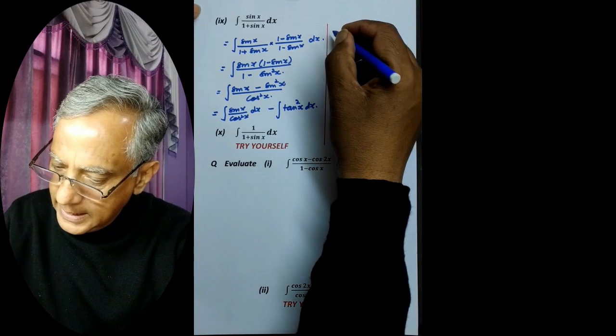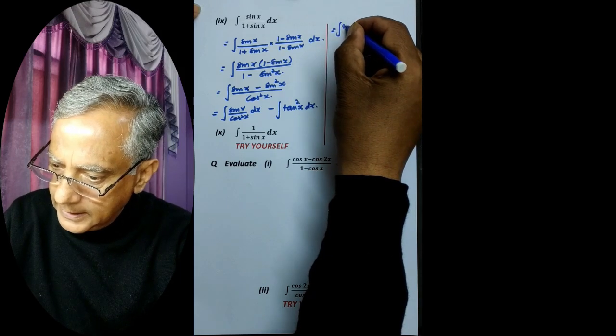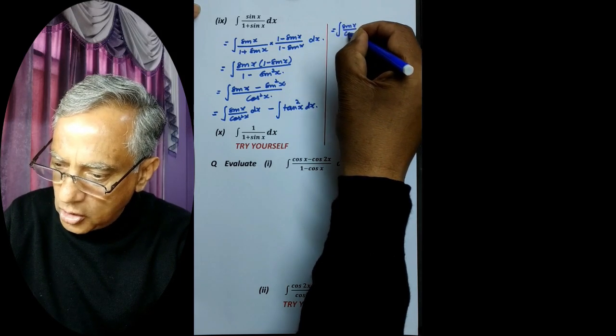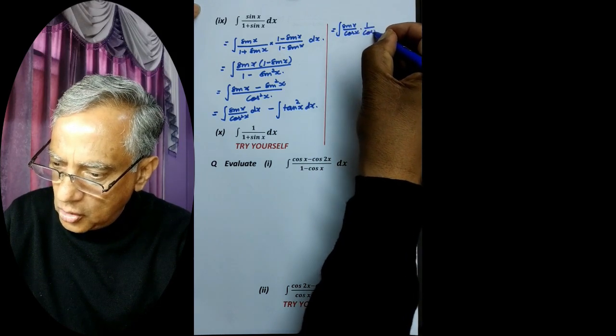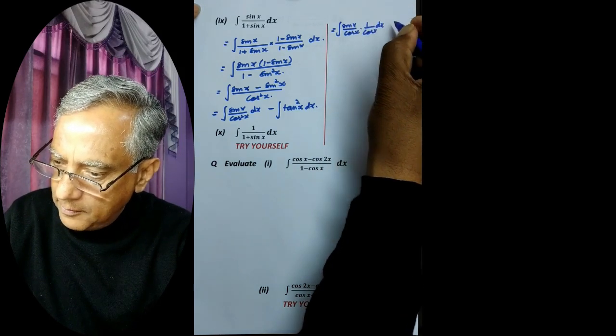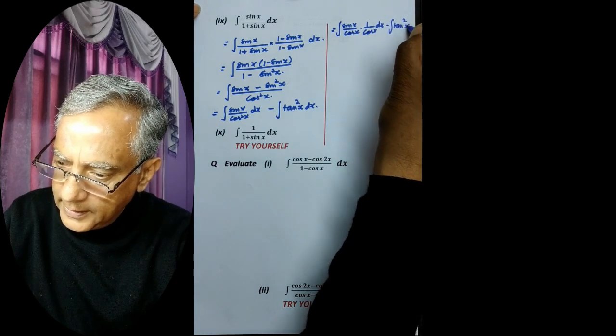This can be written as integral of sin x over cos x into 1 by cos x dx minus integral of tan square x.